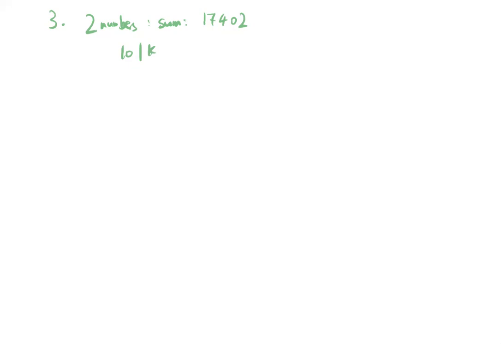This question, I think, is pretty obvious because if you remove the 0 from this number, then you get this number divided by 10, basically. So let's say we set this number as a, and a plus k equals 17402. And k is basically 10a.